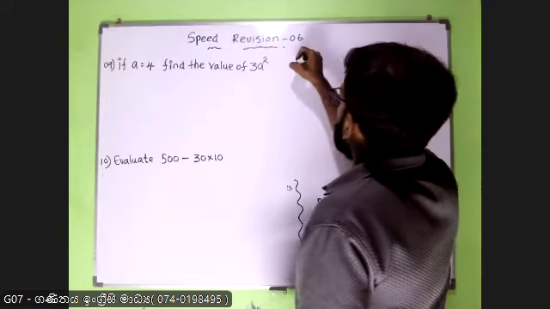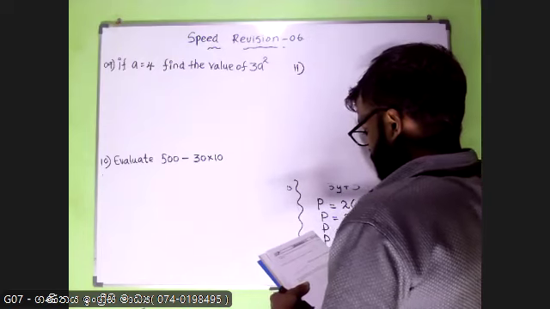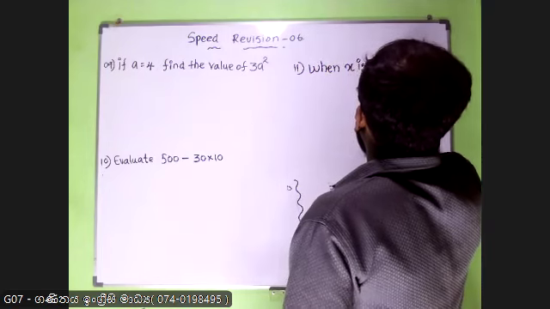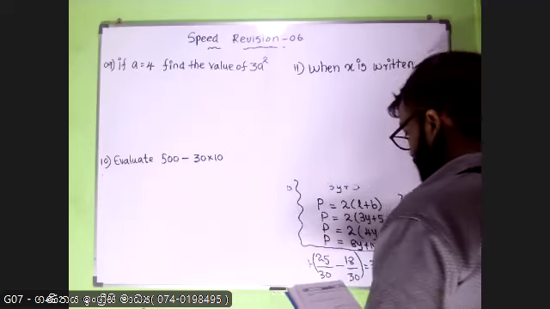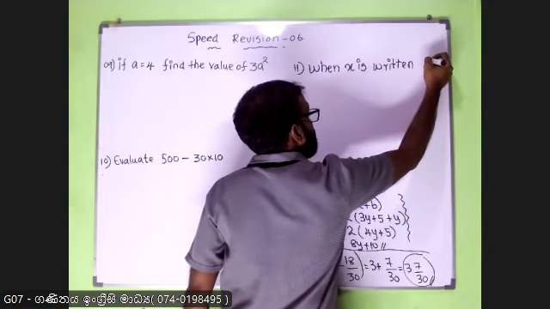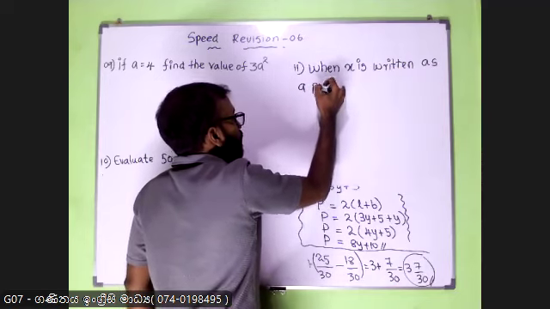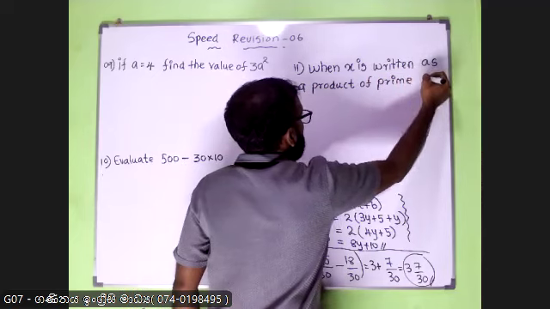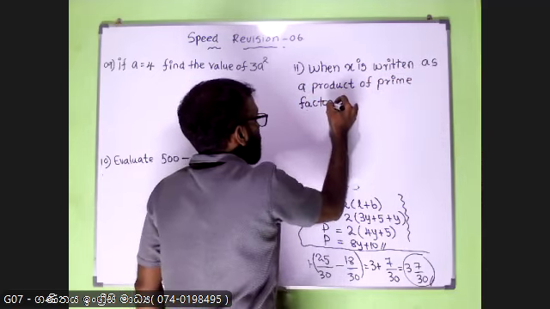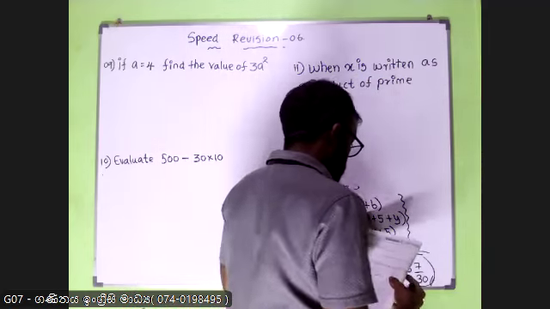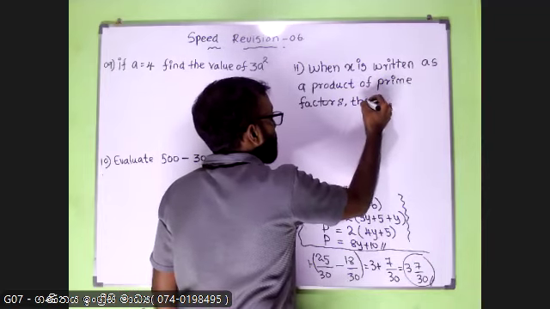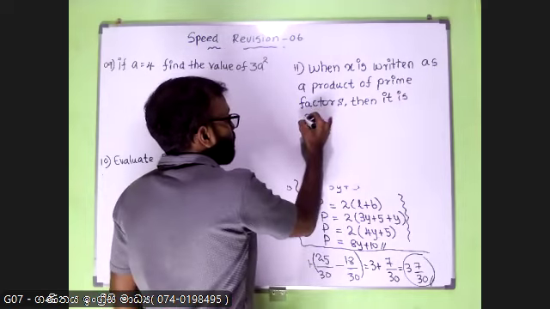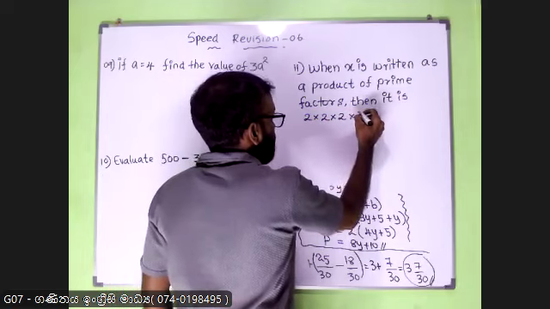Then the 11th one. When x is written as a product of prime factors, it is 2 times 2 times 2 times 3 times 3.